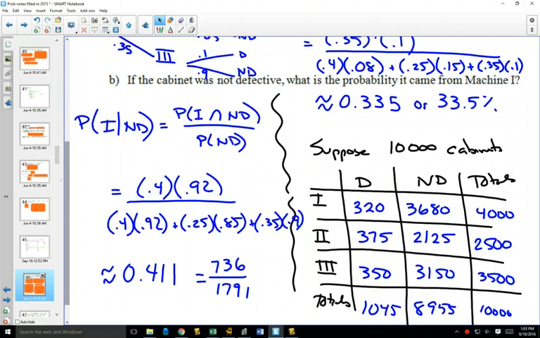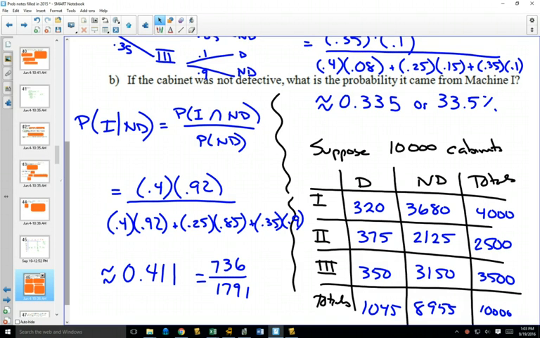We have 10,000 in total. Of those 10,000 in total, 1,045 are defective, and 8,955 are fine. So in the first question, once I've created this chart, the question was, what is the probability it came from machine 3 given it was defective? If you're given that it's defective, you're not looking at all 10,000.